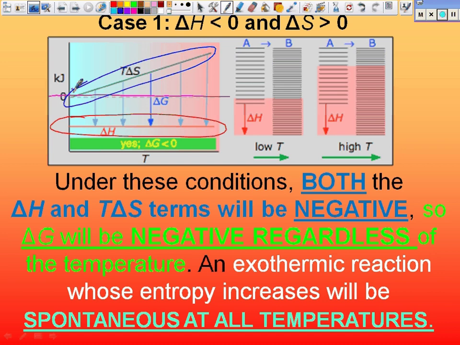As your T delta S is going up, what is happening to your delta H? It's staying the same. However, what is the value of delta G doing? It's becoming more negative. It's getting larger and larger and larger. Does that make sense why?